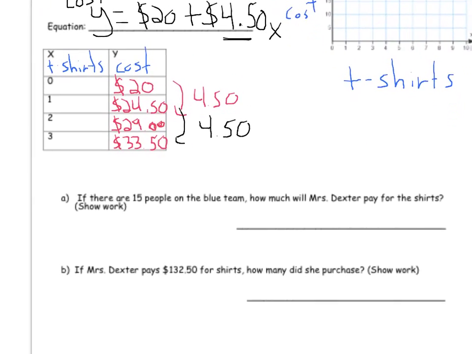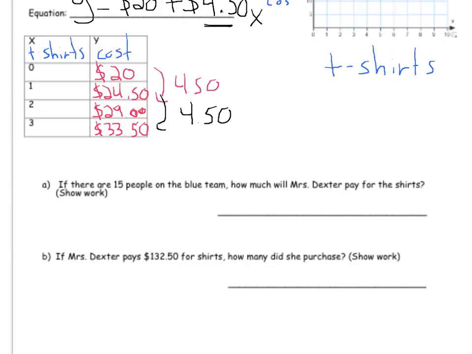So let's use the equation to answer the questions. If there are 15 people on the blue team, how much will Mrs. Dexter pay for the shirts? So if there's 15 people, that means there's going to be 15 shirts. So we're going to use our equation. Y equals $20 plus $4.50x, and for x we're going to plug in 15.